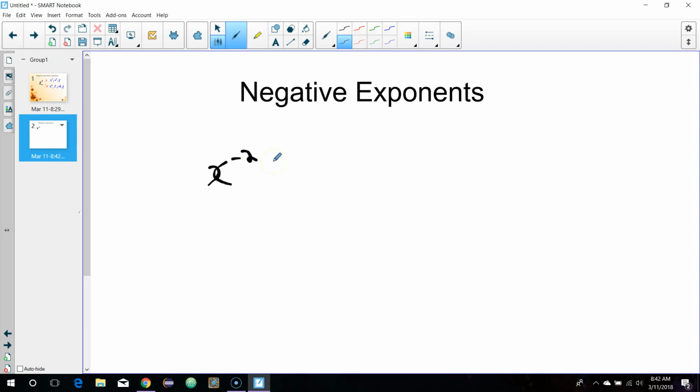Now, from now on, when you get to the answer, if you have x to the power of negative 2, you have to do one more thing. That is, you're going to convert that to 1 over x to the power of 2.